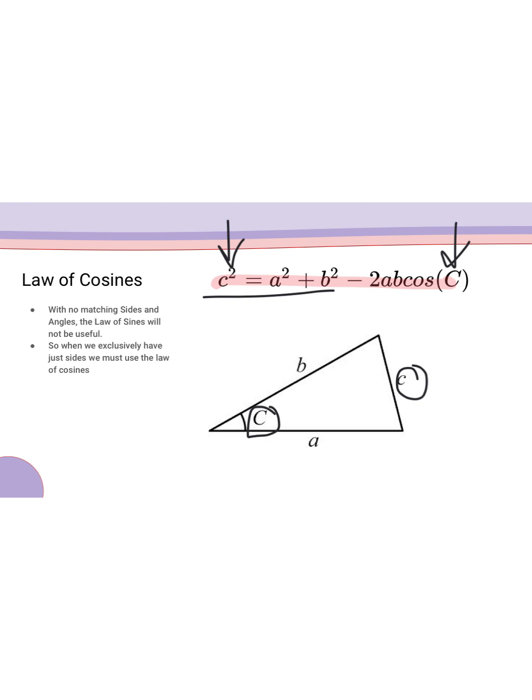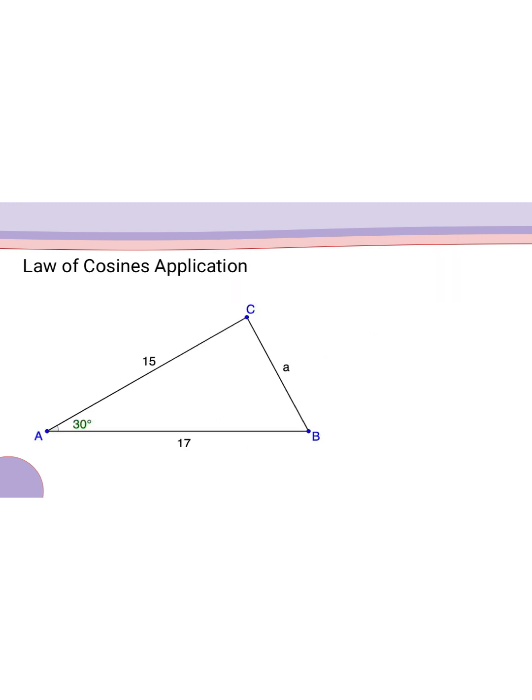This is more like the side that corresponds to the angle. Just like the hypotenuse corresponded to your 90-degree angle in a right triangle, this is how we want to think about that C. A and B do not matter which one you choose as A and B, but identifying which one is the correct C is important.